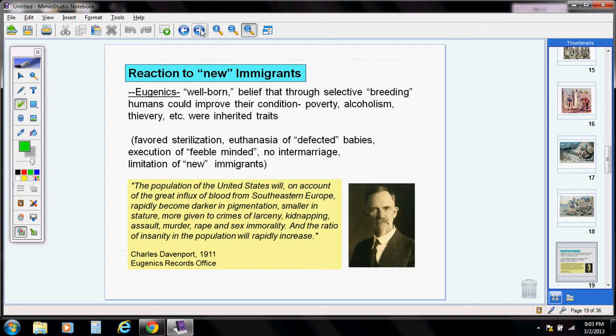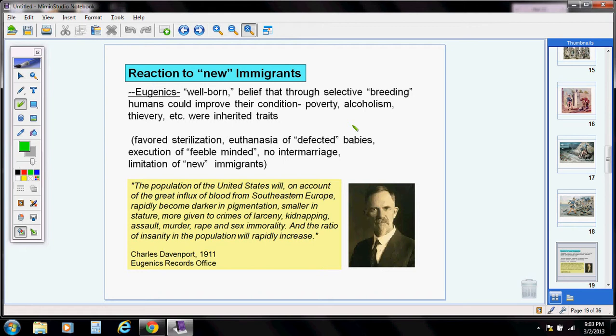There's even an association at the turn of the 20th century of anti-immigrant feeling with the eugenics movement, which basically was the idea that through selective genetics you would have a well-born population, that if you introduced new blood from Southern Eastern Europe that was more prone to crime and kidnapping and all these terrible conditions, even social conditions like poverty and thievery and alcoholism, they associate with genetics.